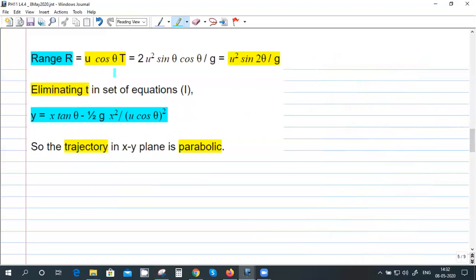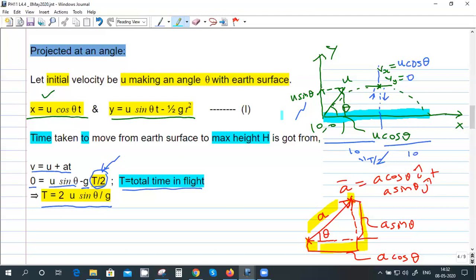Next thing is to find how far it has traveled in the horizontal direction. This total distance is called range, say capital R. What is the coordinate of this point?